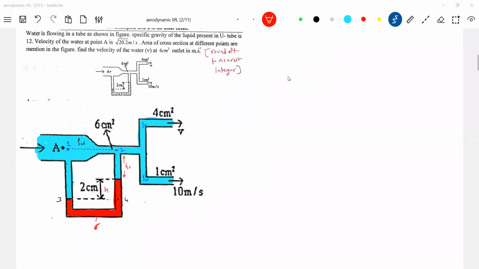Since I put 3 and 4, I'll write 5 and 6 here. This is 5, this is 6.